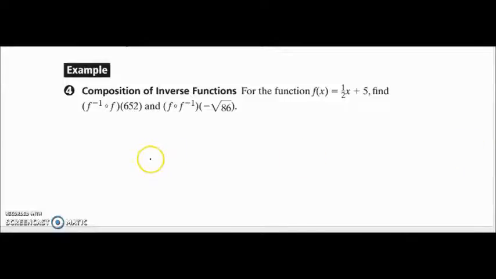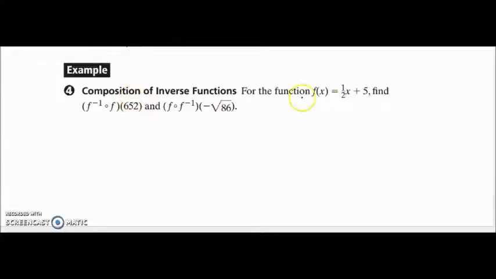All right, we have one last thing to do. This is the composition of inverses. Well, look back at the very beginning. It said that if we compose the inverse with the original function, this was the inverse composed with f of x, then it was equal to x. And if we compose the function with its inverse, it would be the same thing.